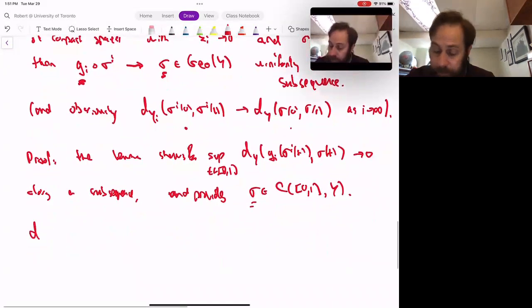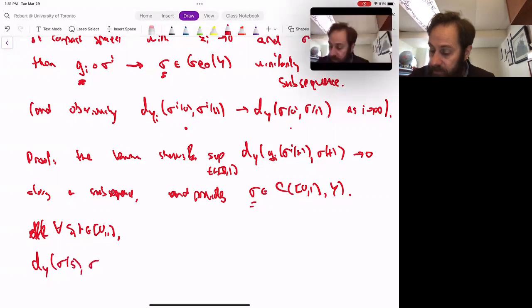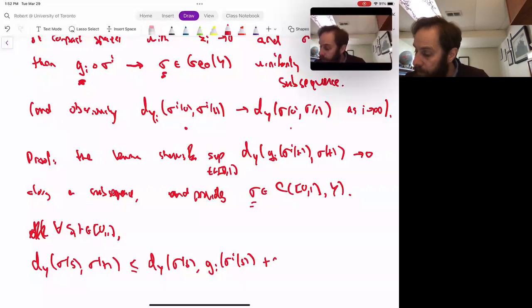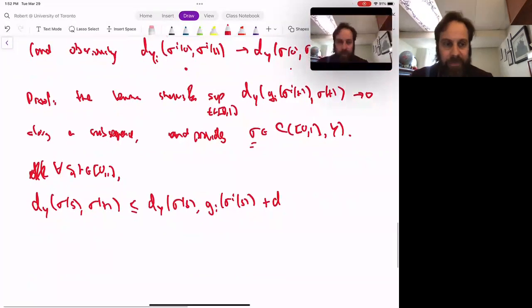So of course, for every s and t in 0, 1, the limiting distance between sigma s and sigma t can be estimated by the triangle inequality. I'm always going to take, I won't relabel the subsequence.